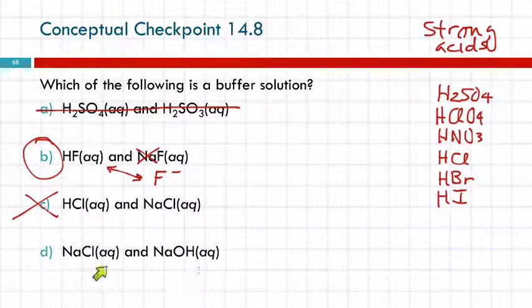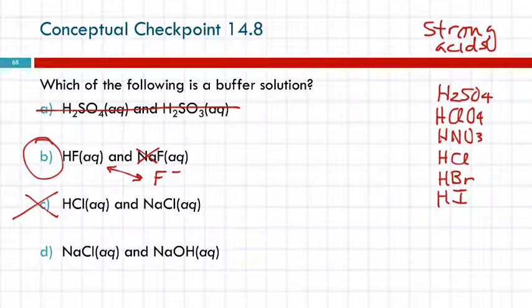What about this one down here? No. They're both bases, right? Well, one's a base. You could think of this as the conjugate base of HCl. We don't have an acid. So there's good, deep levels of understanding, and then there's having enough clues to get the answer, right?